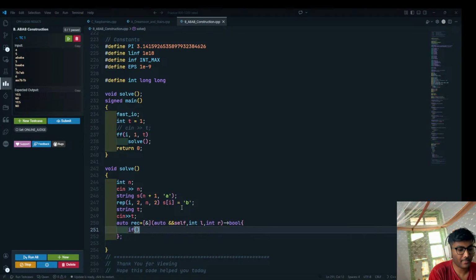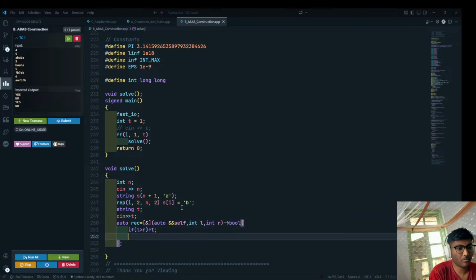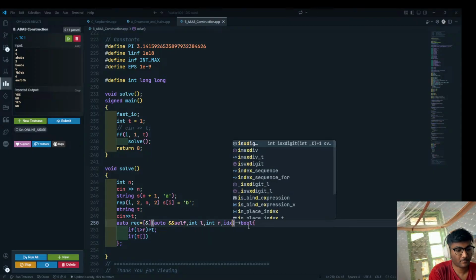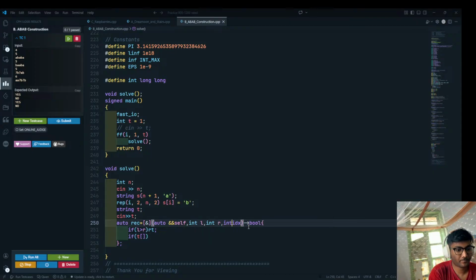So if L is greater than R, return true. I need an IDX as well.